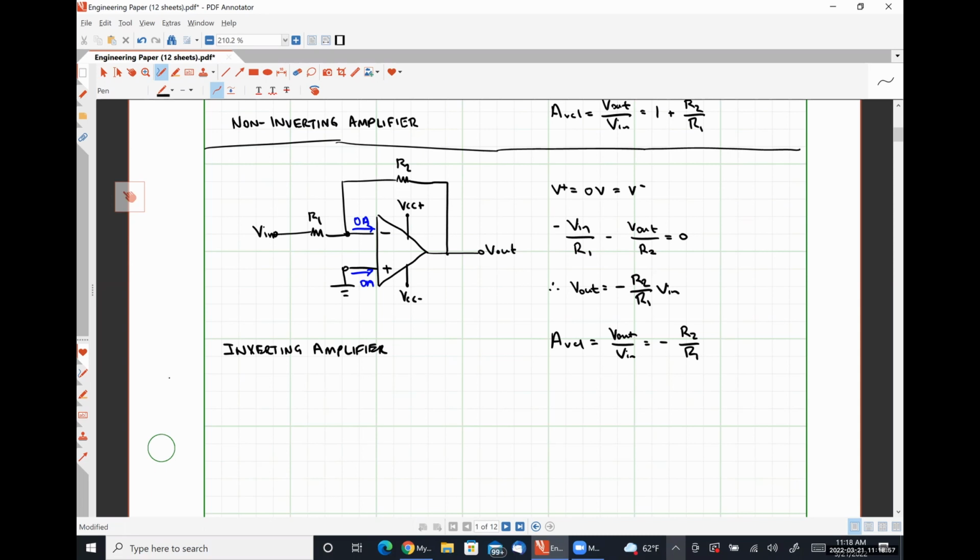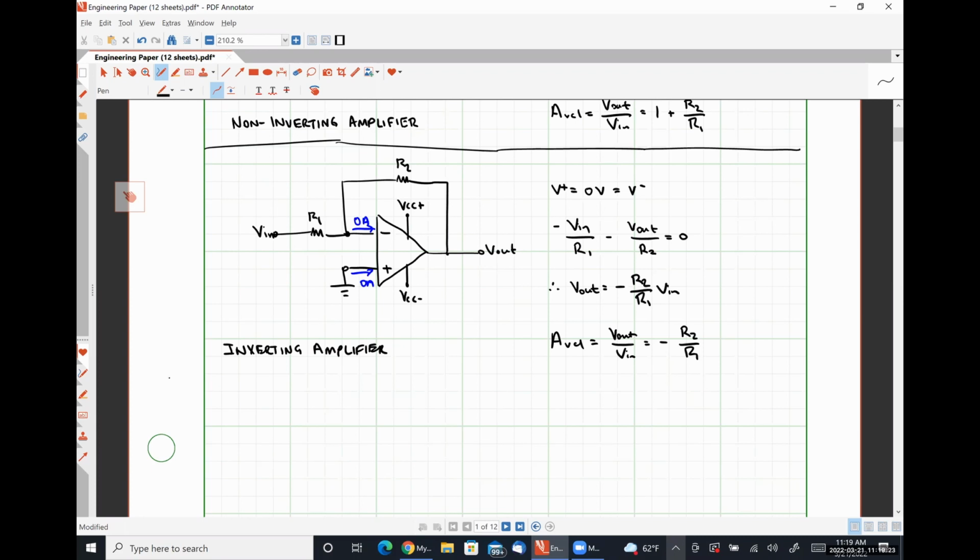Now, this type of amplifier can be used to both increase or amplify an input signal, or decrease or attenuate an input signal. So we have the option of making our output signal larger than our input or smaller than our input if needed.